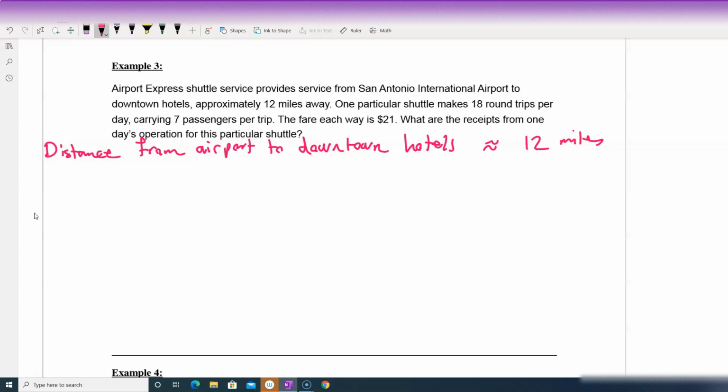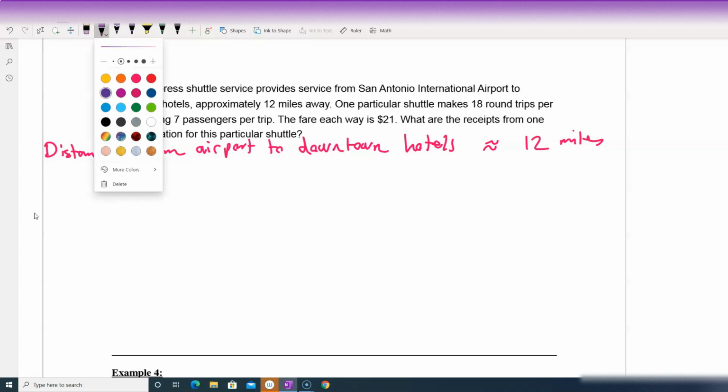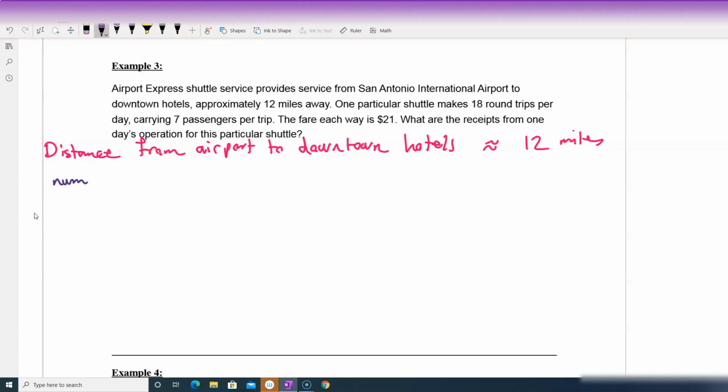And the number of round trips per day is 18.